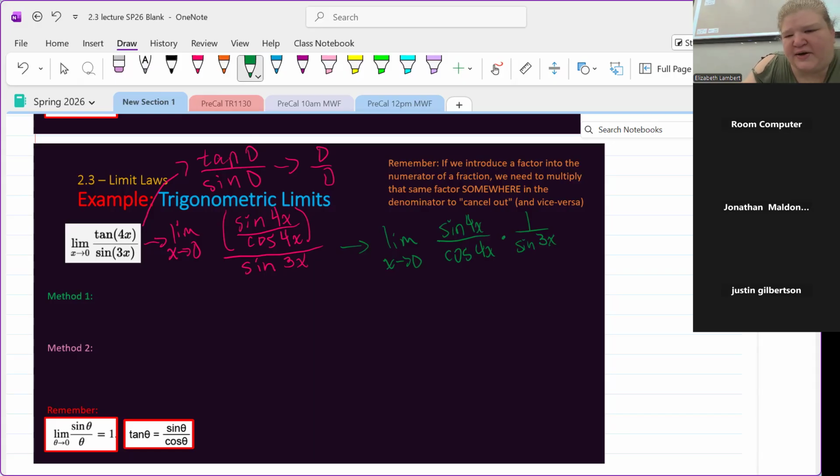So now cosine of 0, 4 times 0 is 0, cosine of 0 is 1. So the cosine's okay, but the sines, we're still going to get 0 over 0. So we need to do something else to mess around with these.